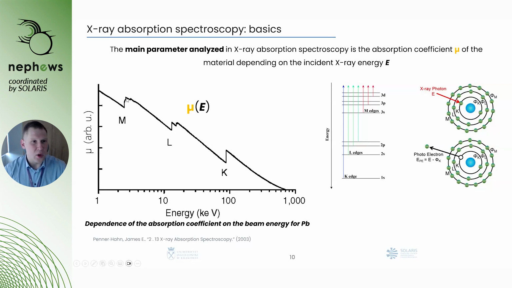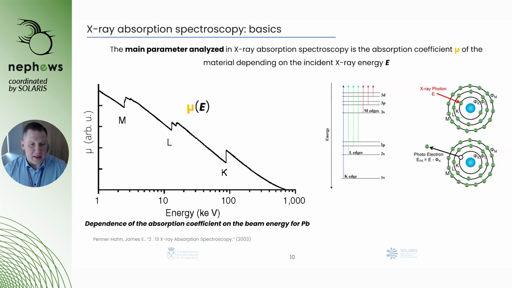In this case, we say that it is an absorption edge. And we could see that on this function we have the M absorption edge, L absorption edge, or K absorption edge. What does it mean and why does it look like this? Very simple: when X-ray radiation interacts with material, it mainly interacts with the electrons of the atoms.